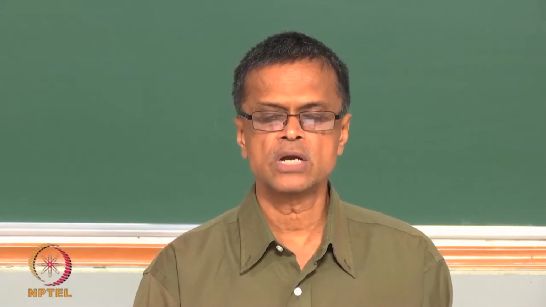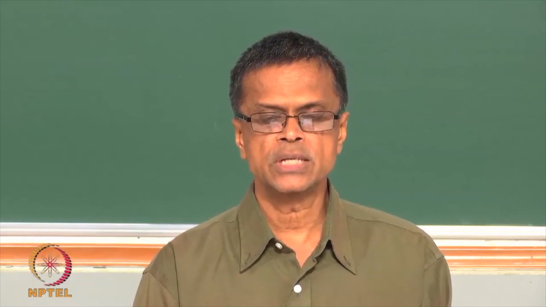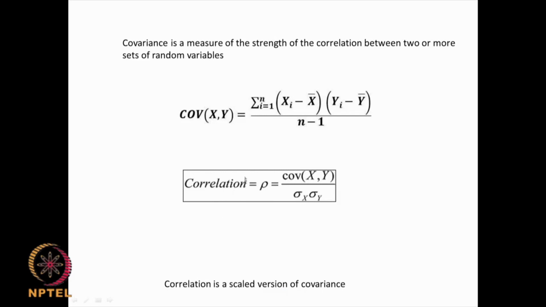I can perform a correlation analysis, calculate the correlation coefficient between temperature and the yield, between pH and the yield, between carbon amount and yield, to see whether my correlation coefficient value is very high or very low, whether they are correlated or not correlated. Okay. So, you can do that as your first step to analyze your data.